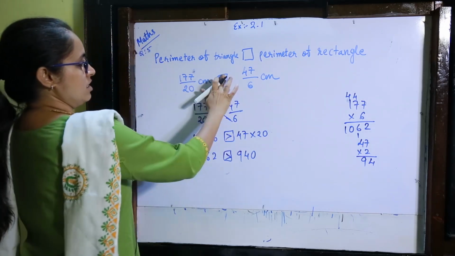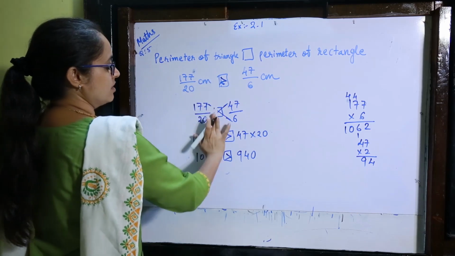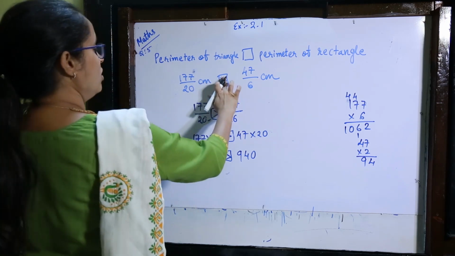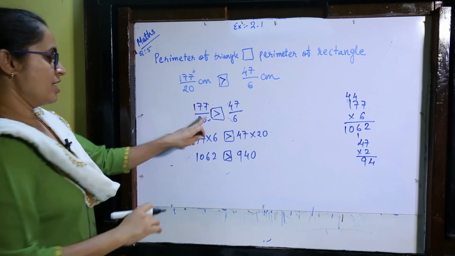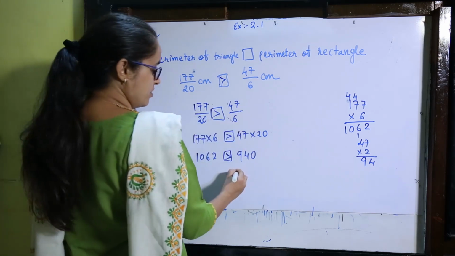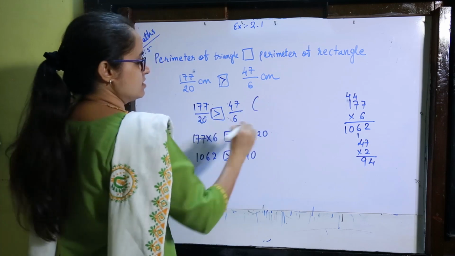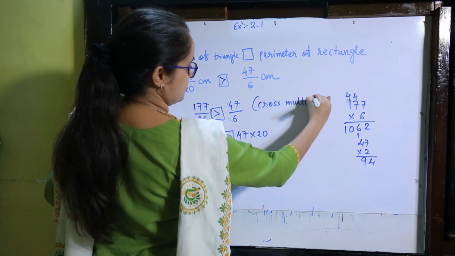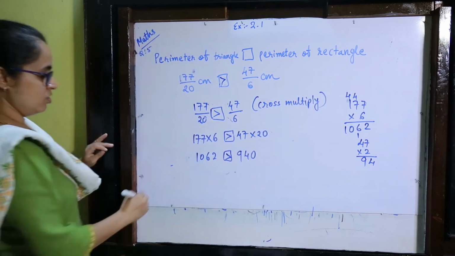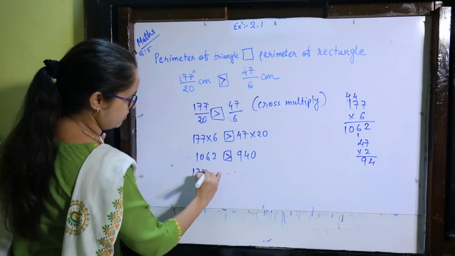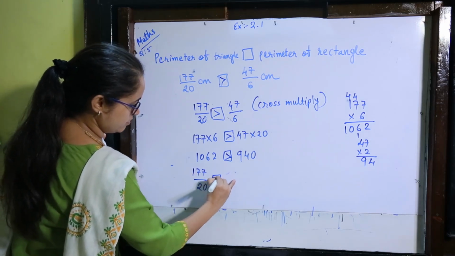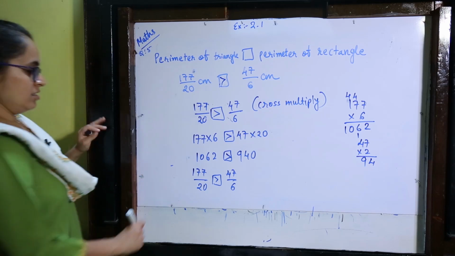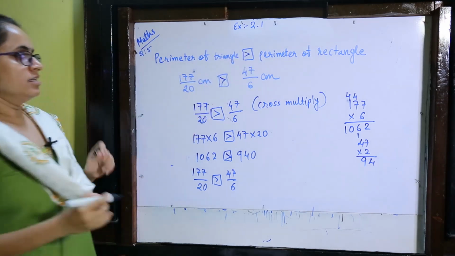So perimeter of a triangle is bigger than the perimeter of the rectangle. 177 upon 20 is bigger than 47 upon 6. This is your answer.